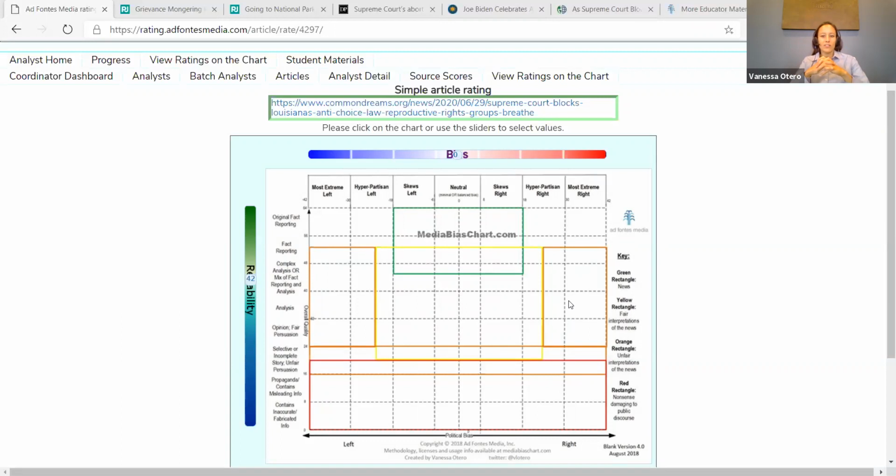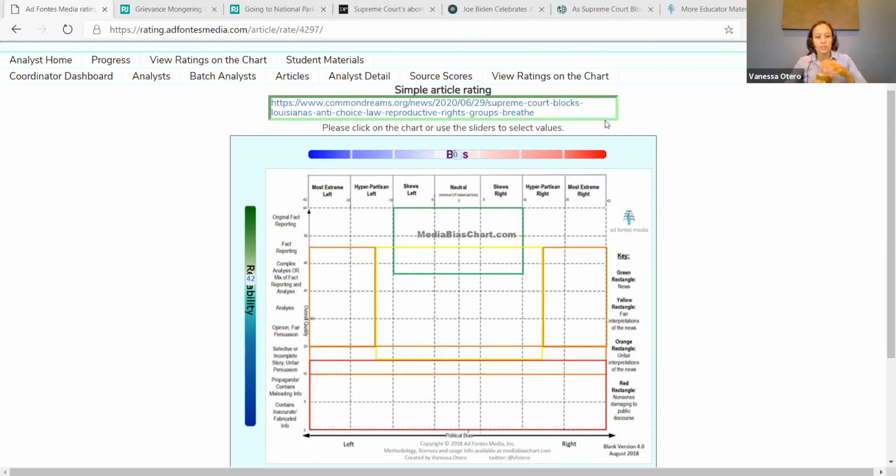I've got a couple of volunteers here. We've got one vote for mix of fact and analysis. Anyone else? Fact analysis. Okay, sounds like we're starting to gain consensus. Someone says opinion, fair persuasion.